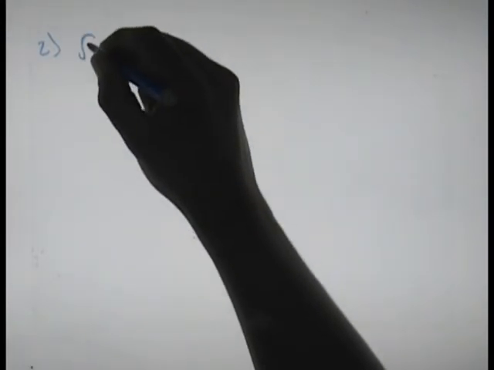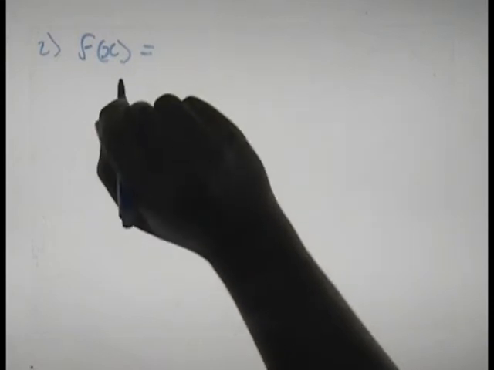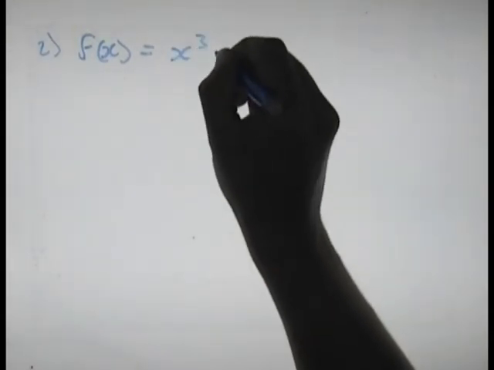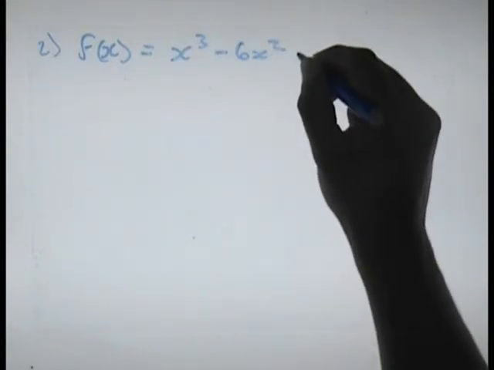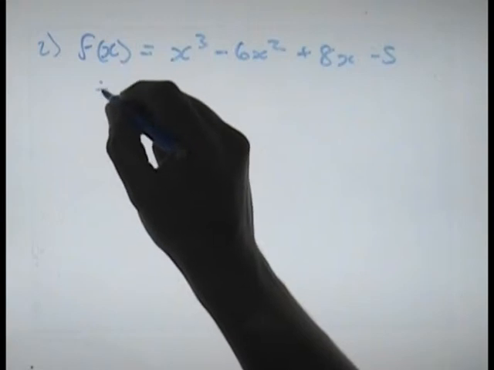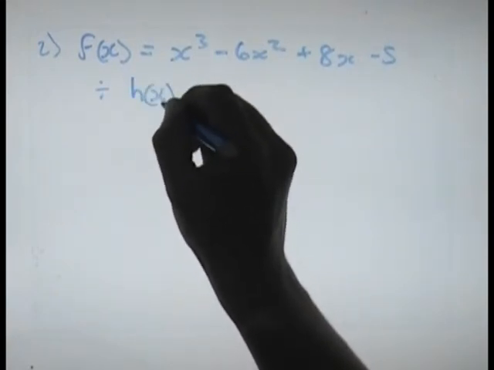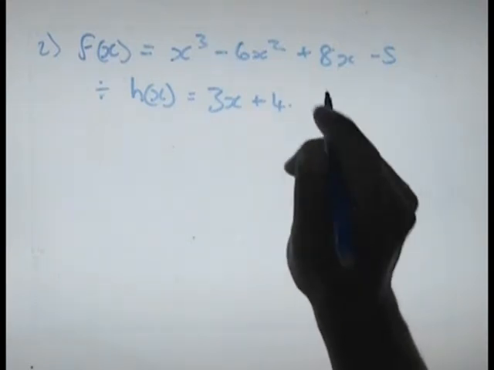The second one I gave you to do read: find the remainder if f of x, which is equal to x cubed minus 6x squared plus 8x minus 5, is divided by h of x, which is equal to 3x plus 4.